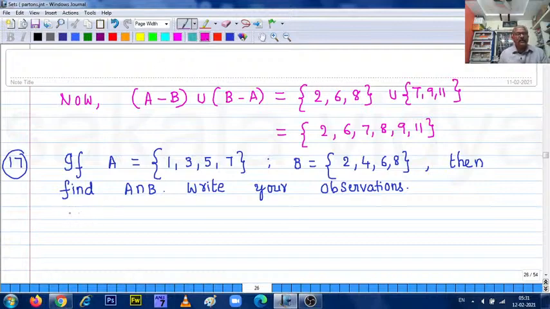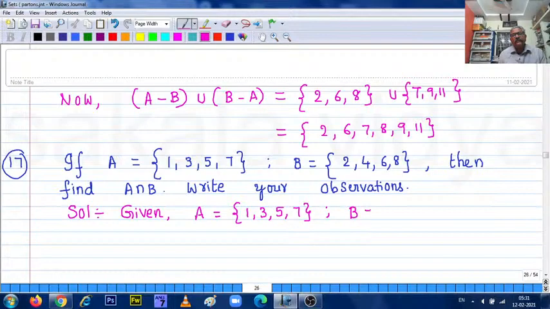So now the solution. Here given A equals 1, 3, 5, 7 and B equals 2, 4, 6, 8.